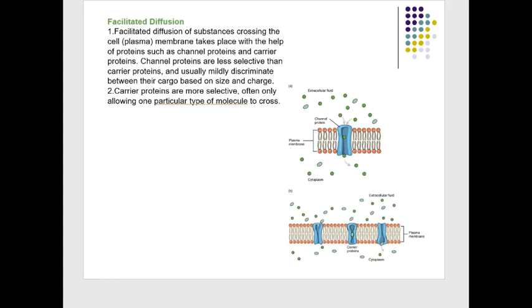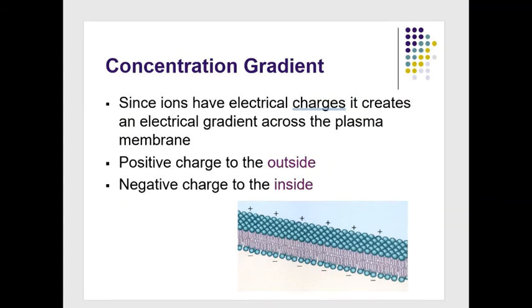Okay, again, we want to maintain some different concentration levels, and so we don't want to let everything into our cells. Okay, I talked about the charges. Sometimes we want to maintain different charges on the inside and the outside, and eventually we'll talk about how we utilize these charges for chemical reactions and signaling.